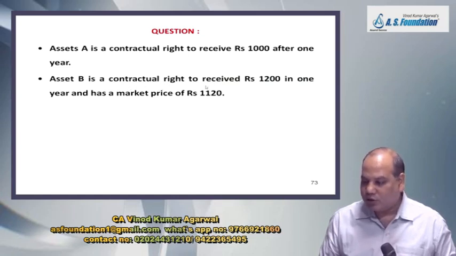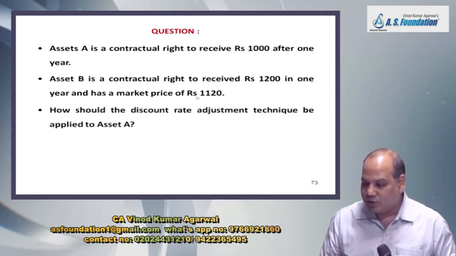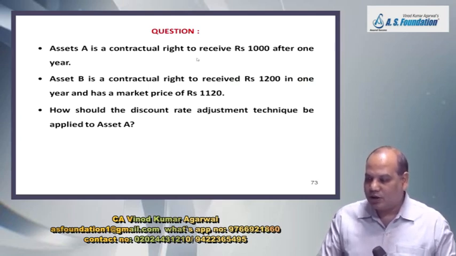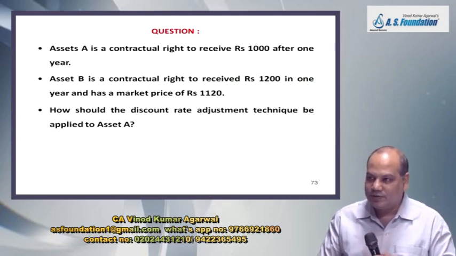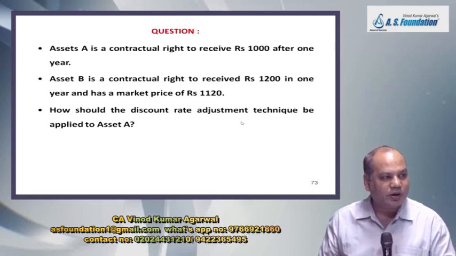Asset B is a contractual right to receive 1200 in 1 year and has a market price of 1120. So that means there is a similar asset whose market price is 1120 and contractual right is 1200. Using the yield of this instrument, you apply to asset A and get the fair value of asset A. So what will be the fair value of asset A using discount rate adjustment technique?